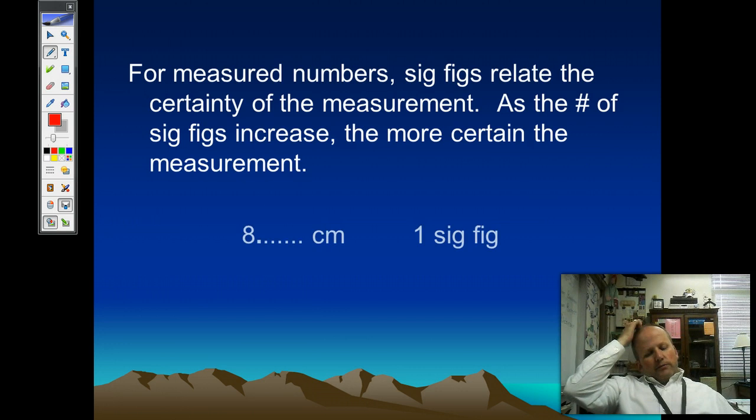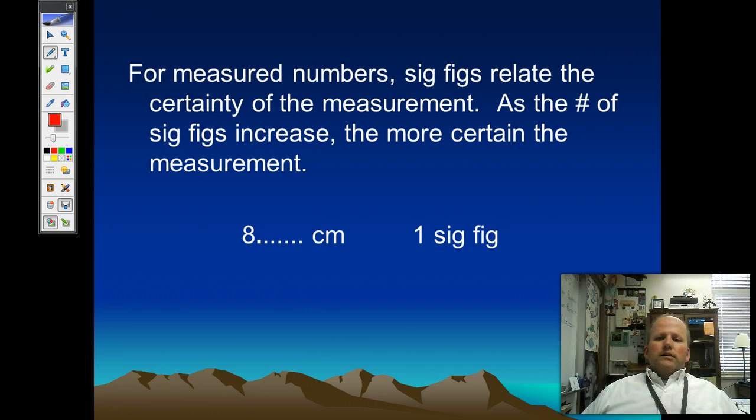So for example, if we measured something that was 8 centimeters, nothing more, nothing less, just 8, that has one significant figure. Because if we knew that these digits were zeros, then we would write them down. But we don't know them because we didn't measure them.